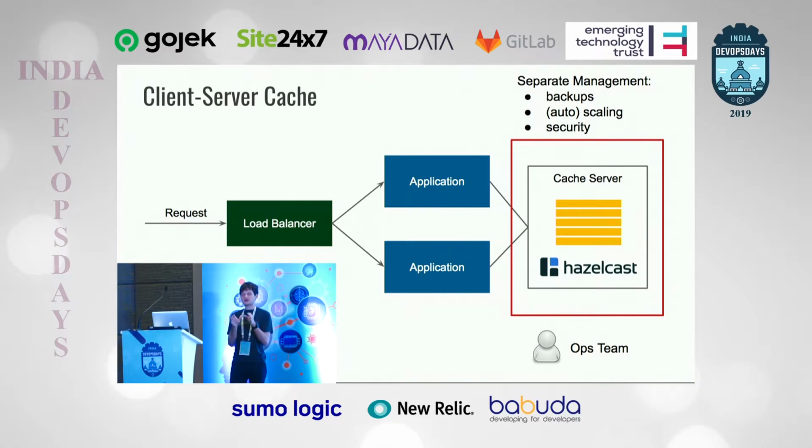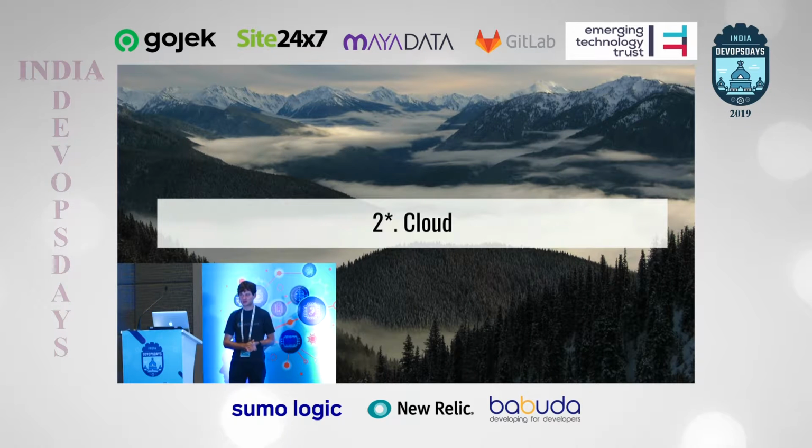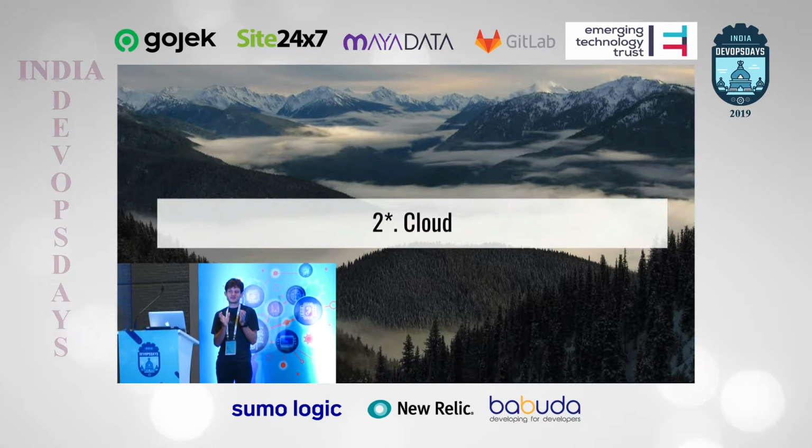So coming back to our diagram from a moment before, since the cache server can be managed by a separate team, like an ops team, we can even move this effort outside our organization and move it into the cloud. So cloud is still, in terms of architecture, kind of client-server.